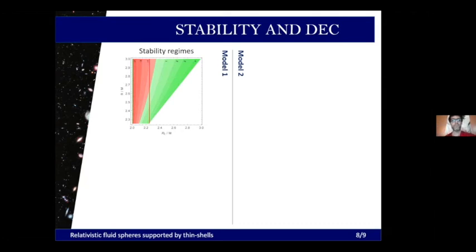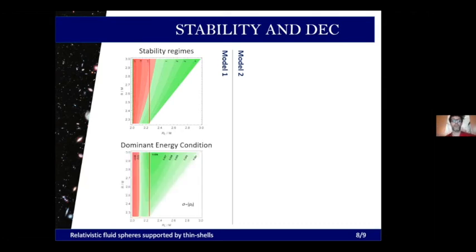Let me just make a brief comment about one extra energy condition, which is called the dominant energy condition. This energy condition is not as used as the strong, the weak, and the null, but it also has some implications. And one very important implication comes from the year 1991, if I'm not mistaken, when Eric Poisson published a paper where he showed that there was a relationship between stability and satisfying the dominant energy condition.